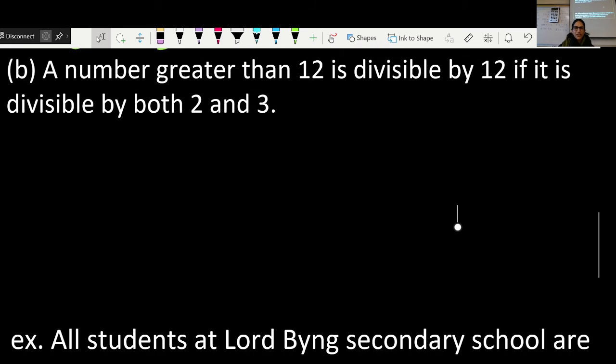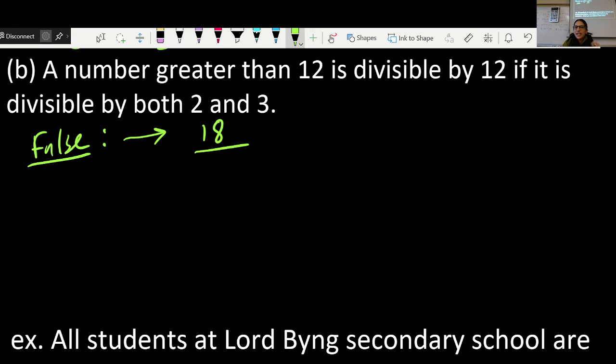A number greater than 12 is divisible by 12 if it is divisible by both 2 and 3. Well, is 18 divisible by 12? Okay, so we're saying this is false, and our proof is, let's look at 18.